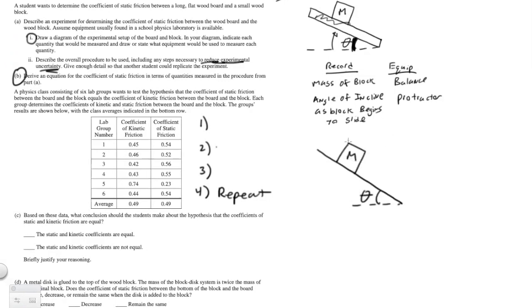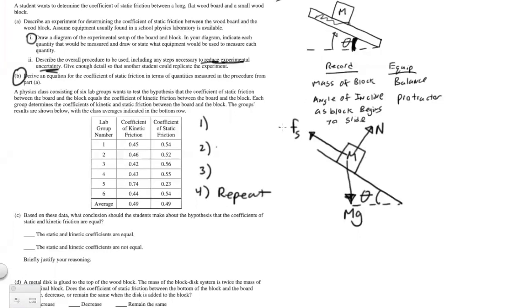The forces acting on the mass are mg down. We have normal force, which is always perpendicular to the surface. And then friction is keeping the block from moving until there's not enough static friction to prevent it from sliding.